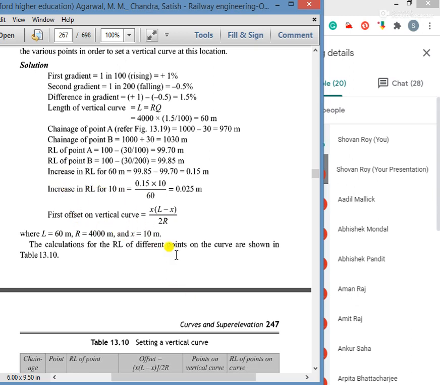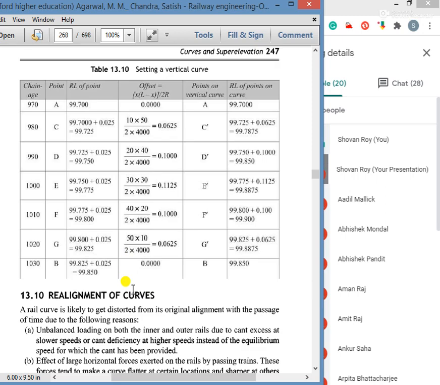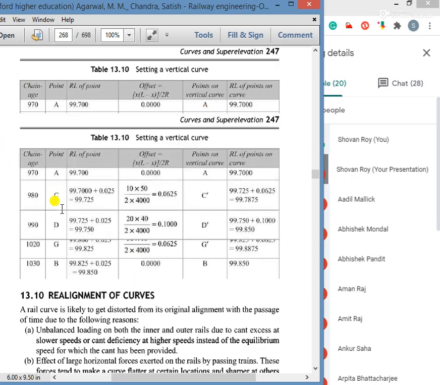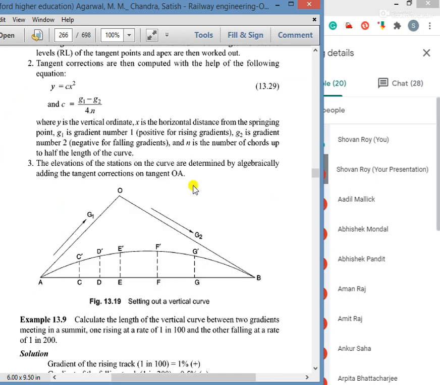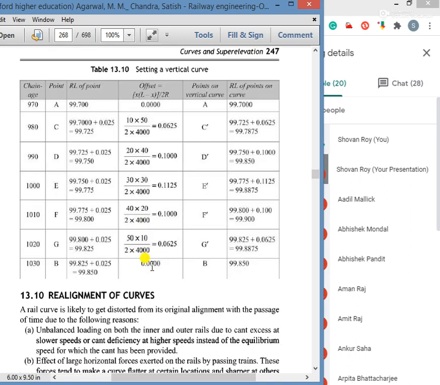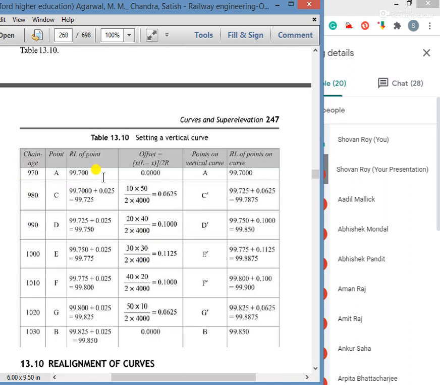So this is the offset on the vertical curve at 10 meter. The calculation of RL of different points on the curve is shown in the table, which is coming from this figure. You can see the RL as well as the offset value at each point of this curve.